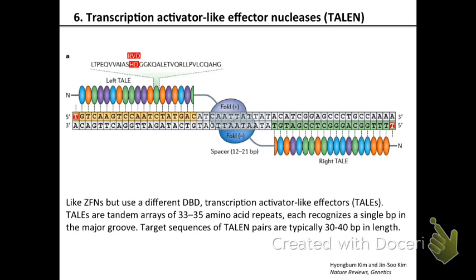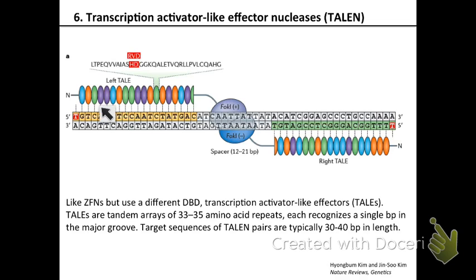In this case, these are a different type of protein domain, so they're not zinc fingers, but each of these transcription activator-like effectors has a tandem array of 33 to 35 amino acid repeats, and each of these recognizes a single base pair in the major groove. Okay, so you can engineer these repeats to recognize any sequence that you want.